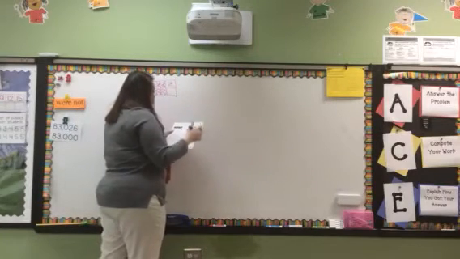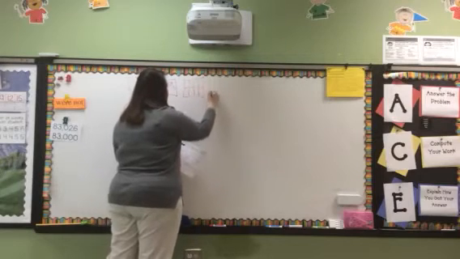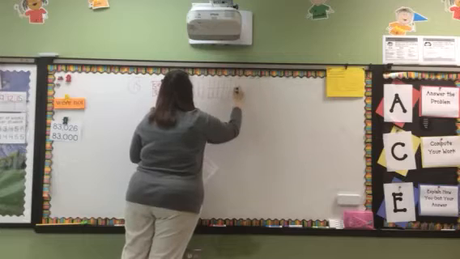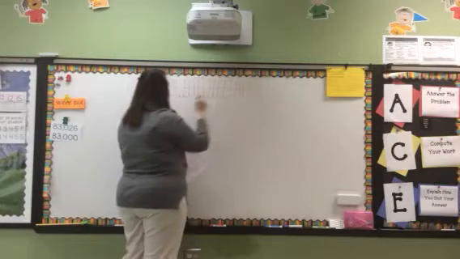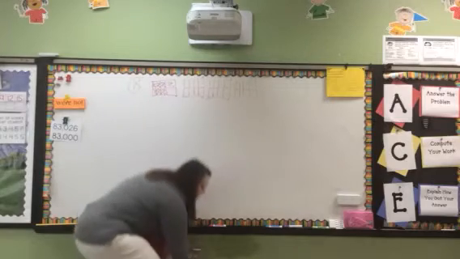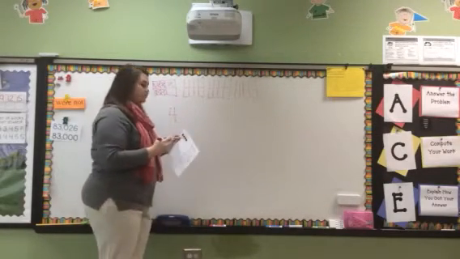Okay? So, how many whole groups do you have in this equation? Or how many whole boxes do you have? And I have 1, 2, 3, 4 boxes. So that would be a whole number of 4.